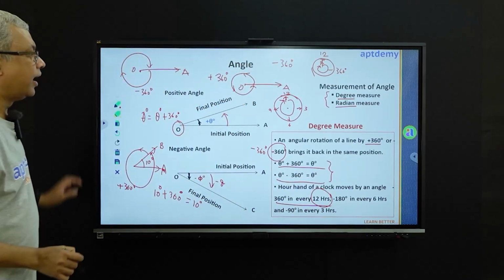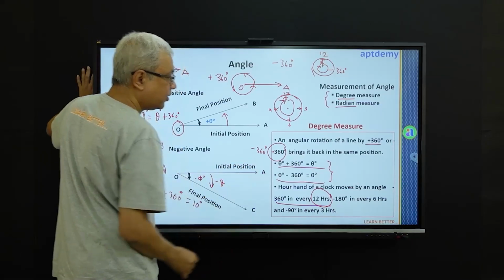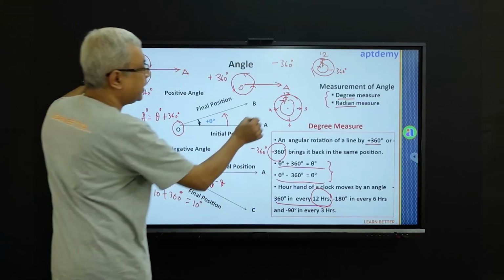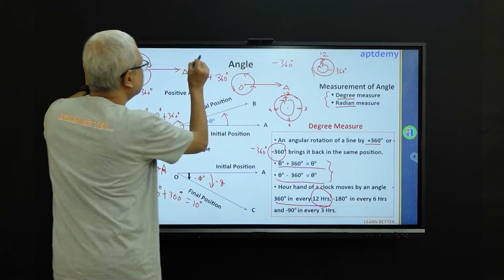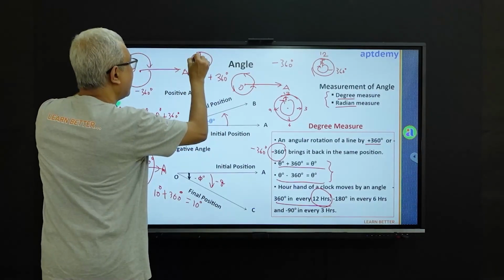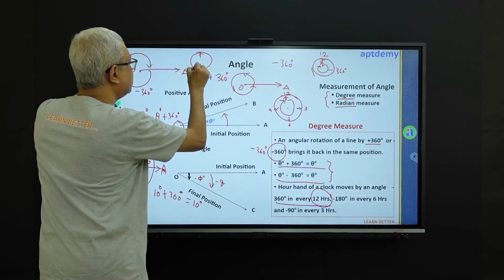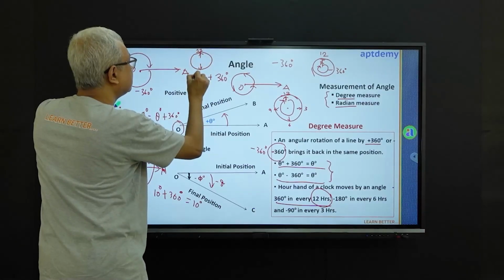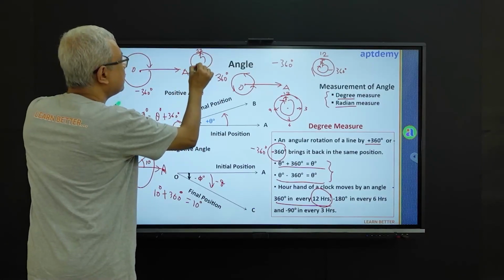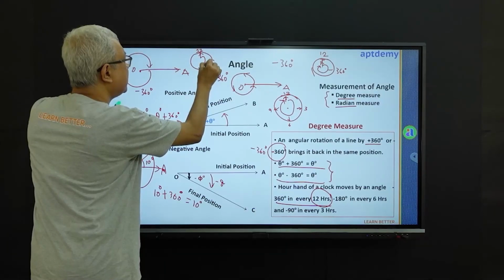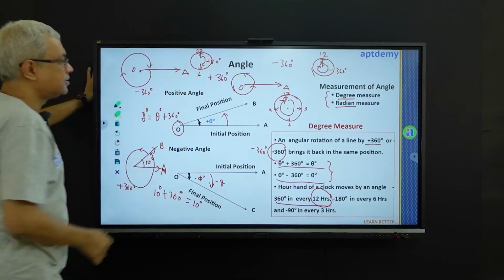Okay, and the hour hand of the clock moves negative 180 degrees. This is the clock, and the hour hand moves from the 12 position to the 6 position, which is negative 180 degrees, in 6 hours' time.